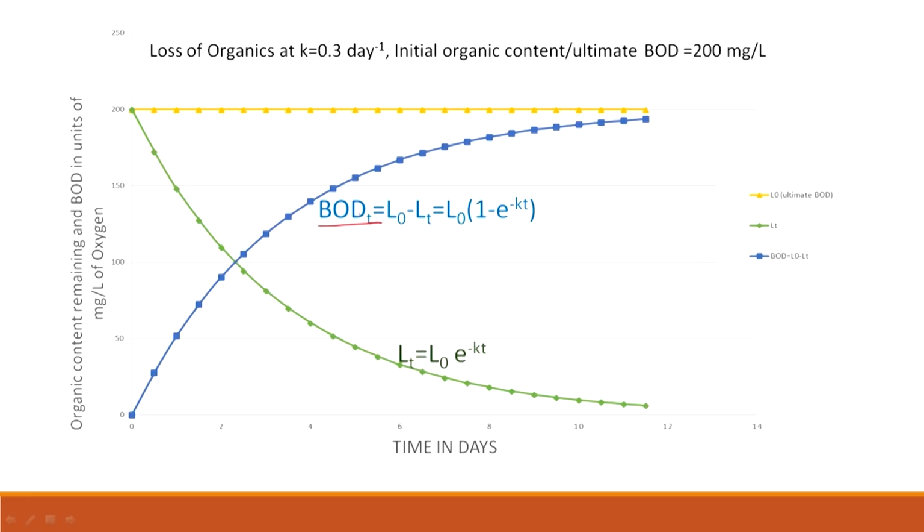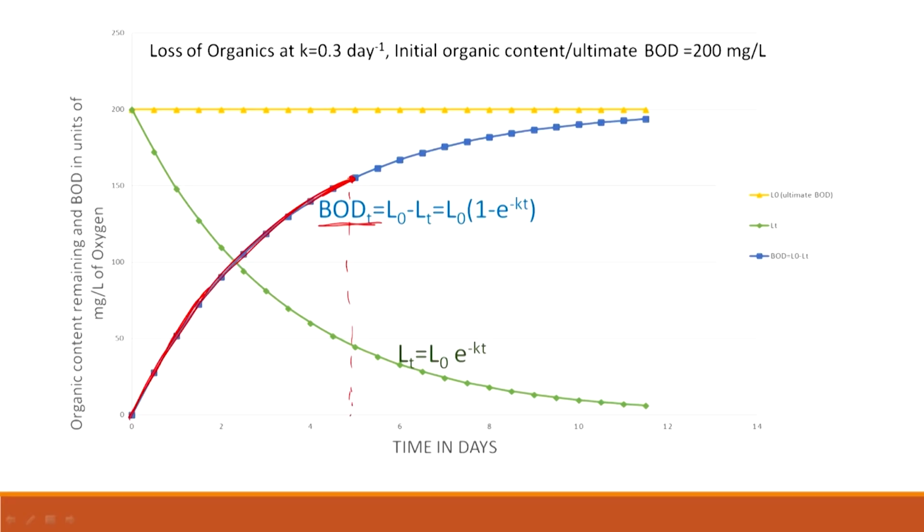So, this is BOD. As you see, the biochemical oxygen demand that we observed increases with time, which gives you an idea about the organic content that has been consumed.